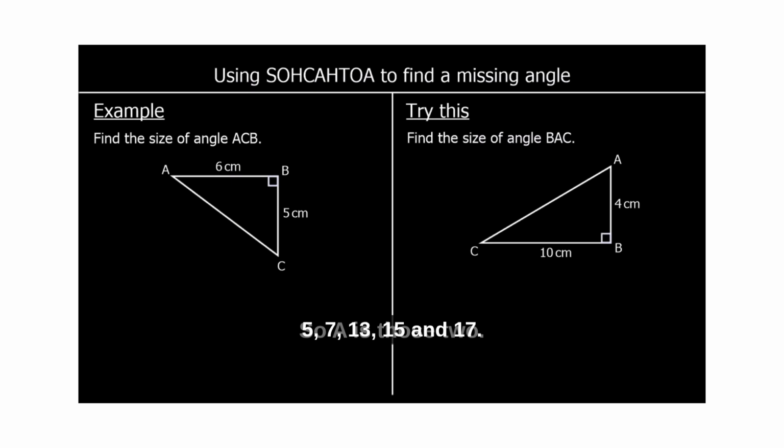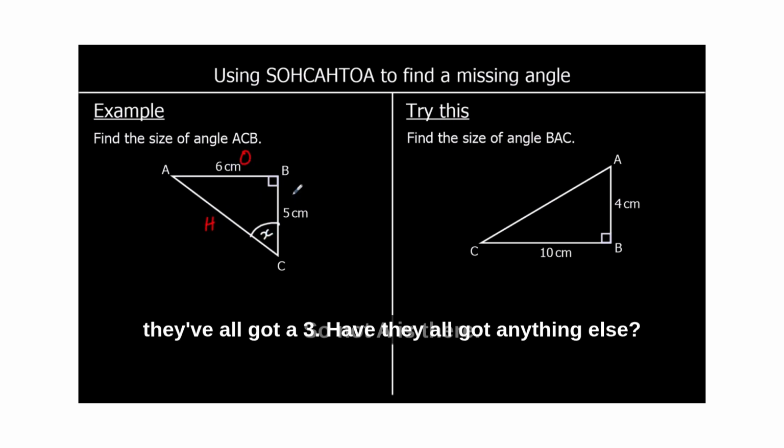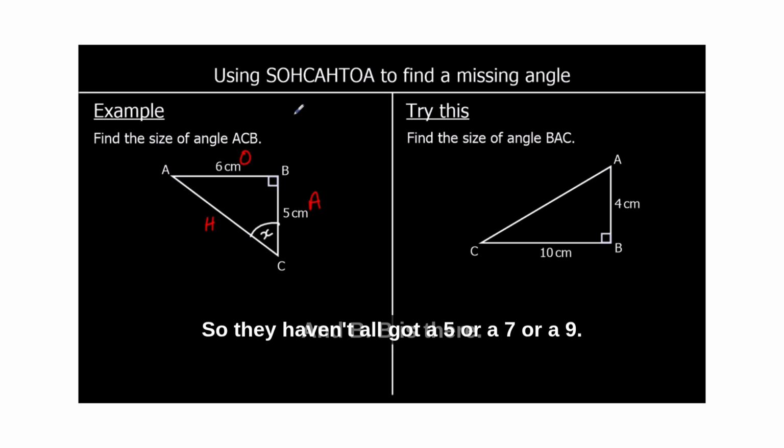Okay, another example. Find the size of angle ACB. So A to C to B is this angle. We'll label the triangle. The longest side is the hypotenuse. Opposite the angle we're using is the opposite. And in between the angle and the right angle is the adjacent.